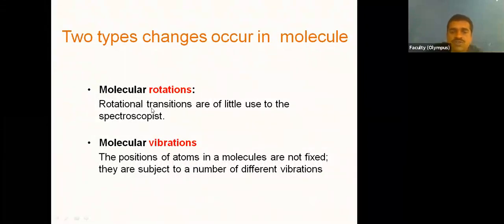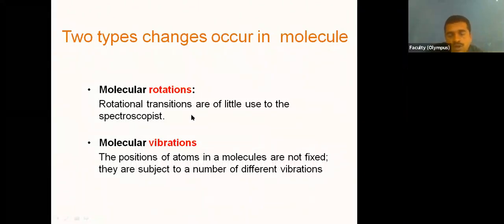Now such rotational transitions are of little use for spectroscopy. In IR spectroscopy, we do not consider rotational transitions. Rotational transitions are studied in rotational and vibrational spectra, mostly in the microwave region.